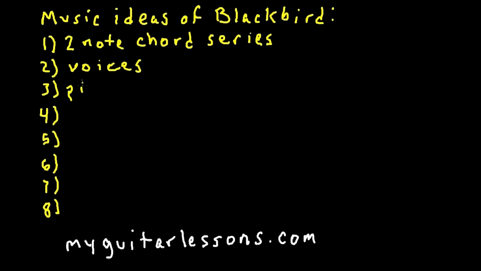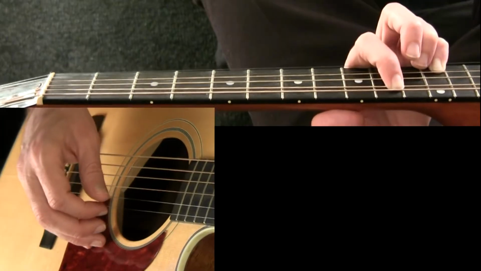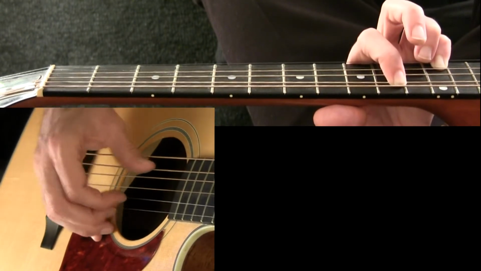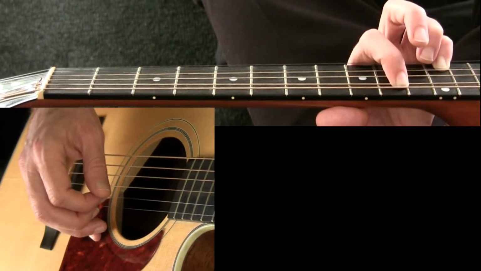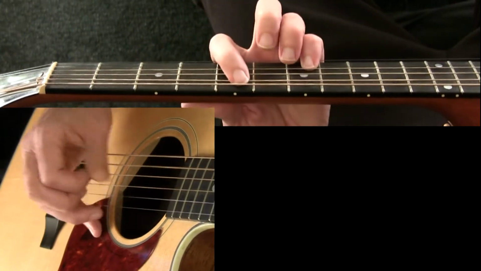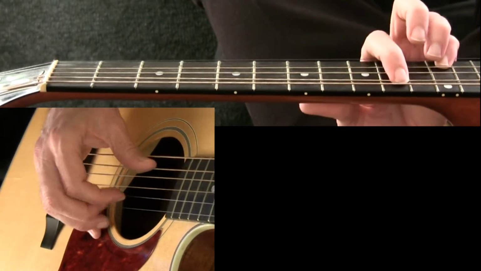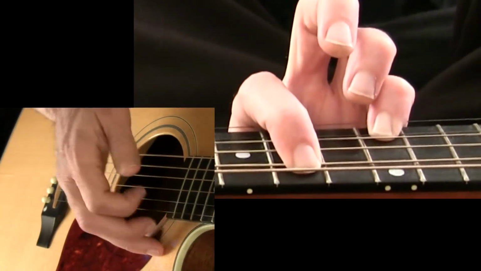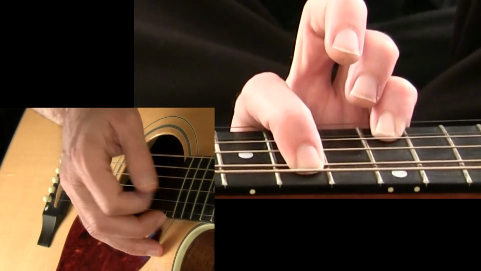The next music idea we're going to talk about is the pinch and roll pattern that you hear in part of the song. And that sounds like this. And so what he's doing is he's holding down the notes from the 10th series. But what he's doing is with his pinky, he's muting the first string so that it doesn't ring.